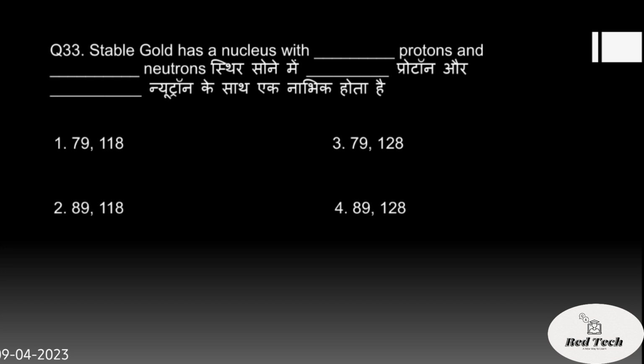As you have seen in the previous question also, gold has the atomic number 79. The number of protons is equal to the atomic number, so the number of protons is 79 and the neutrons are 118. So the right answer is option number 1: 79, its atomic number or proton number, and 118, its neutrons.